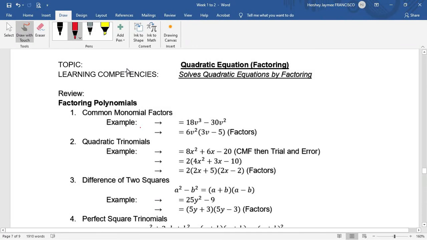Okay, so hello students. Today naman, what we're going to discuss is about quadratic equation, or solving quadratic equation by factoring.